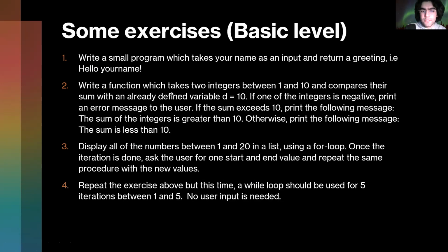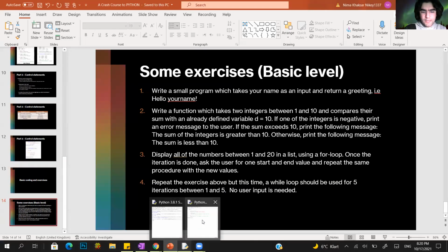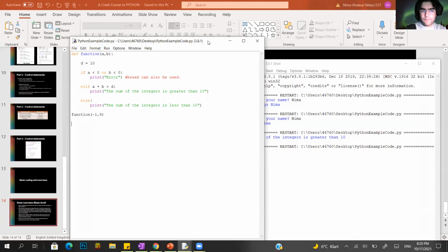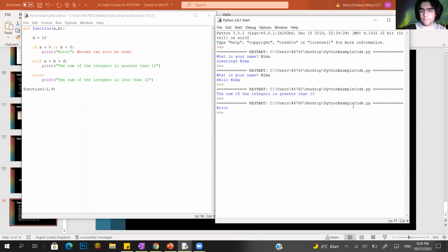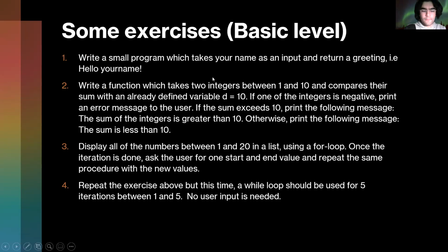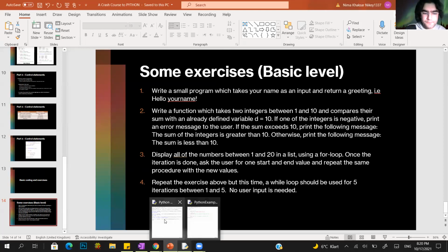Okay, I will do it this way. So display all the numbers between 1 and 20 in a list using a for loop, right?